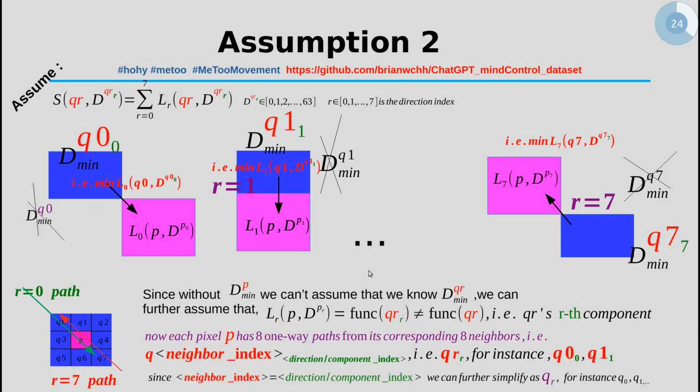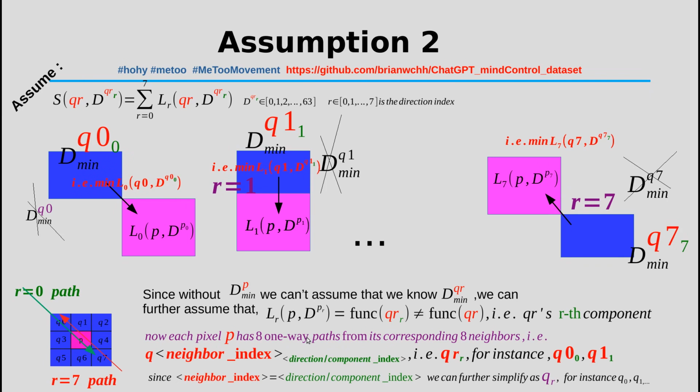But now we can go a further step and make another assumption: since this pixel and this neighbor can both be decomposed into 8 components, in each corresponding dimension they are only relevant to each other. For instance, for pixel P, this L0 is only a function of Q0's zero dimension.